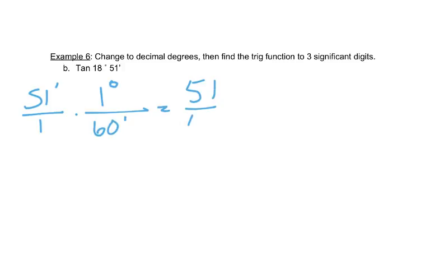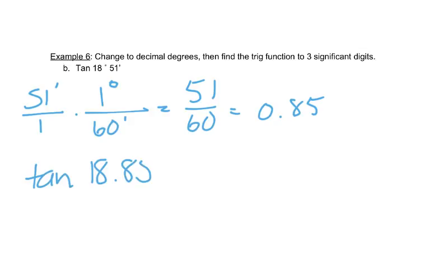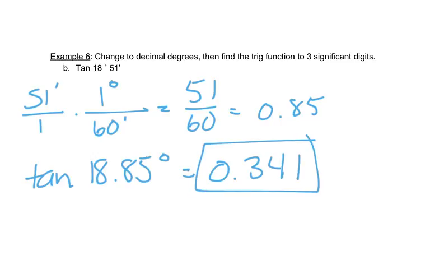That gives us 51 over 60. I do that division first, 0.85. So that means I want to do the tangent of 18.85 degrees. And that would leave me with 0.341. The next number is a 4, so that 1 stays a 1.